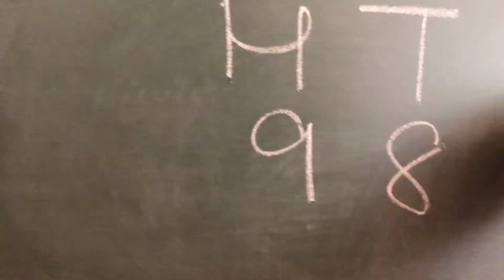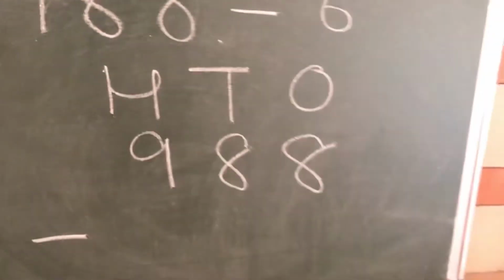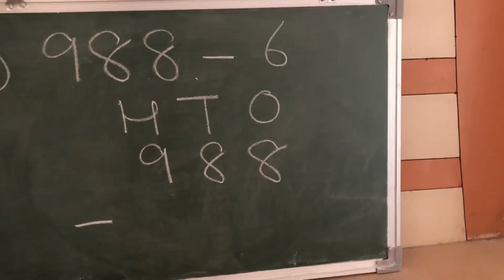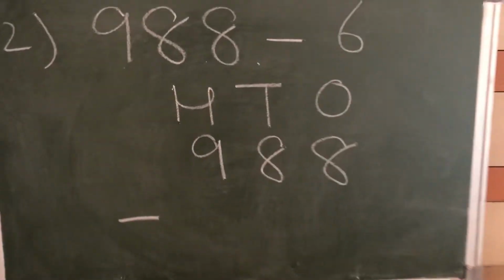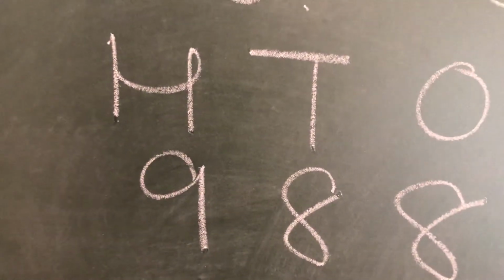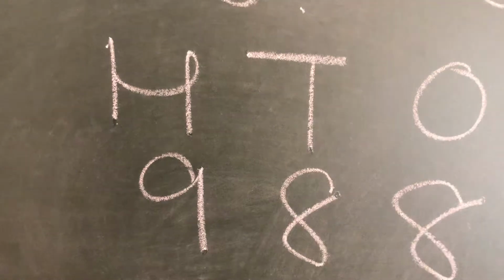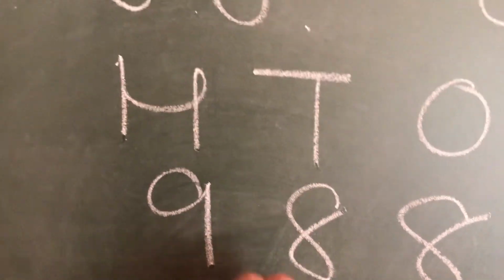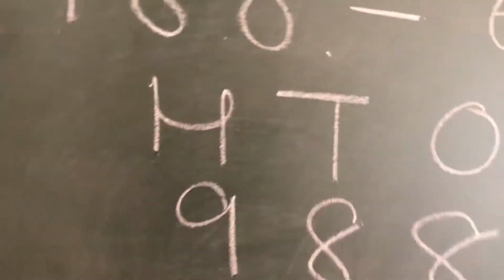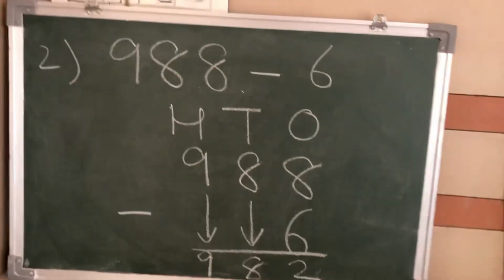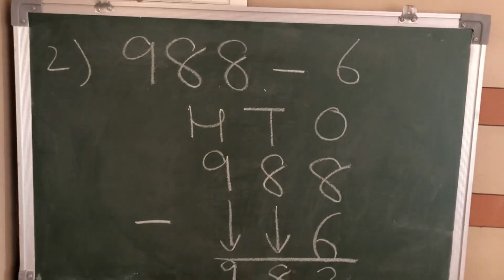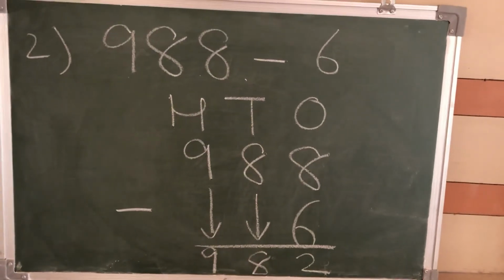Now here 988 is a 3-digit number, so simply you will write it here, minus, and now 6 is a 1-digit number. That means only ones place is there. So where are you going to write this? You will write it in ones place. That is 6 here. And now subtract 8 minus 6 is 2. Here you don't have any number. Simply copy down this and simply copy down this. So this is how you have to arrange the numbers in proper places and then subtract.